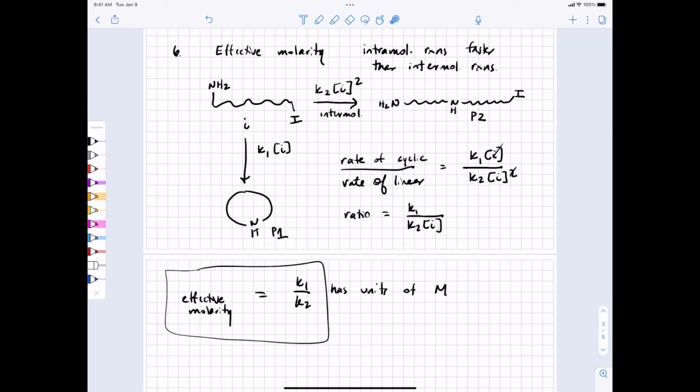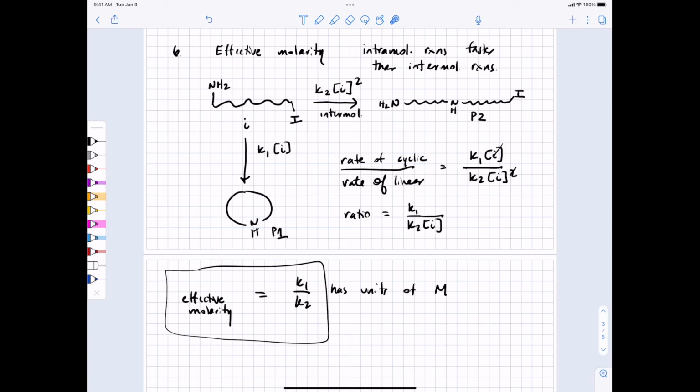If K1 is higher than K2, then yeah, you're going to get more product 1 than product 2. But the idea here is just that whatever K1 and K2 are, the number you get by dividing K1 by K2 has units of molar, and you can think of it as an expression for how concentrated these two groups are in the same molecule.